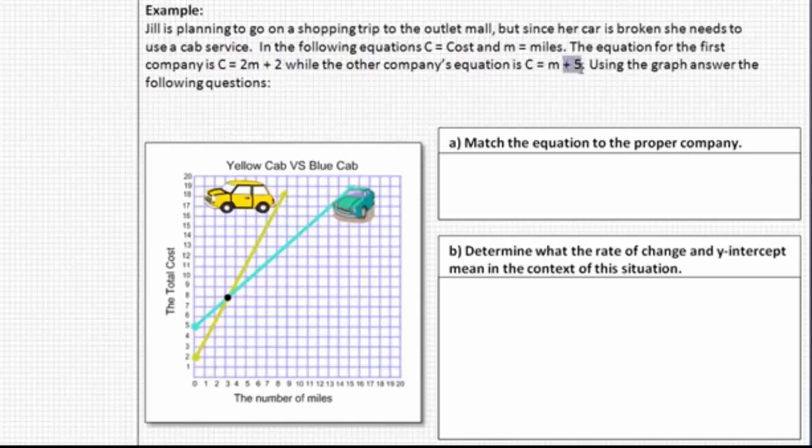Meanwhile, on the other equation, our y-intercept is 5, and here we see that represents the line for the blue cab service. So it looks like, just based on the y-intercepts, that the yellow line would represent the equation C equals 2M plus 2 for the yellow cab, and C equals M plus 5 would represent the blue cab.